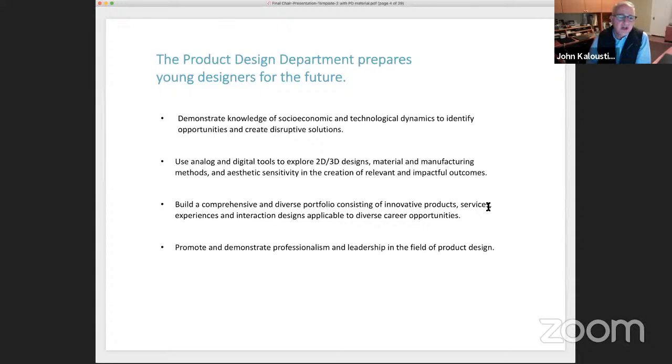And so we have a methodology to take you through the beginning all the way to conceptualization, to model making. And then we actually go out and see manufacturers too, so you have an idea how things are made. And then we help you put it all together in a really professional portfolio.